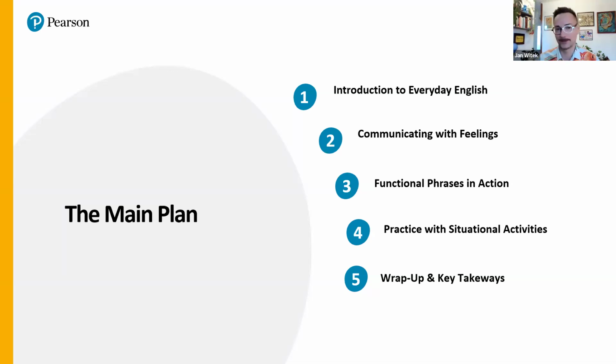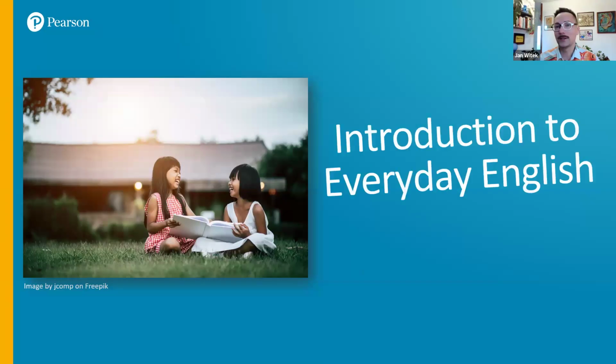So let's start. Let's begin by talking about what everyday English really means. It's not just about learning vocabulary or grammar rules. It's about empowering students to use the language in meaningful ways. Everyday English gives students the confidence to express themselves in situations that matter to them.